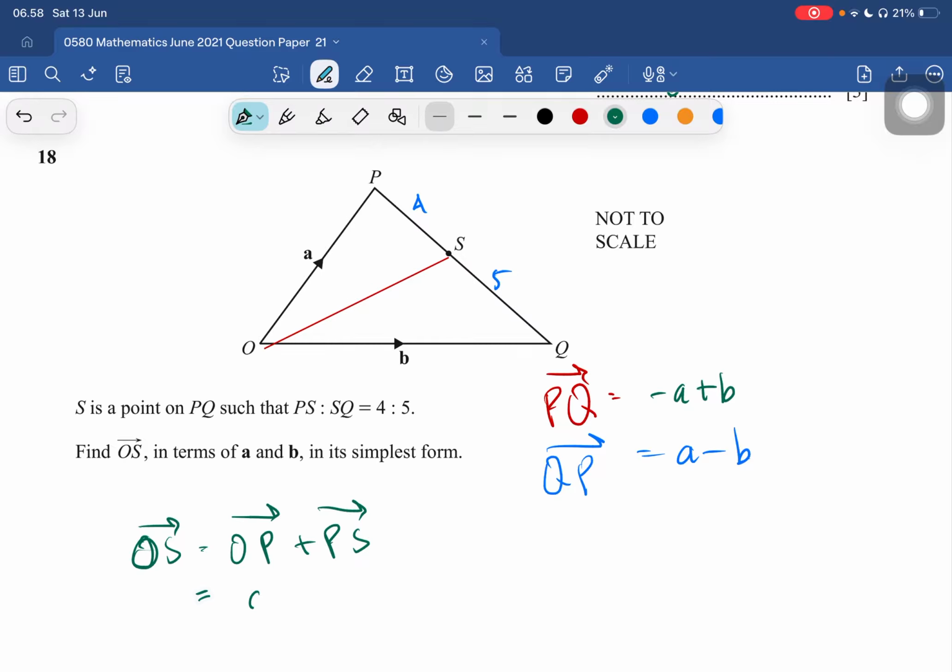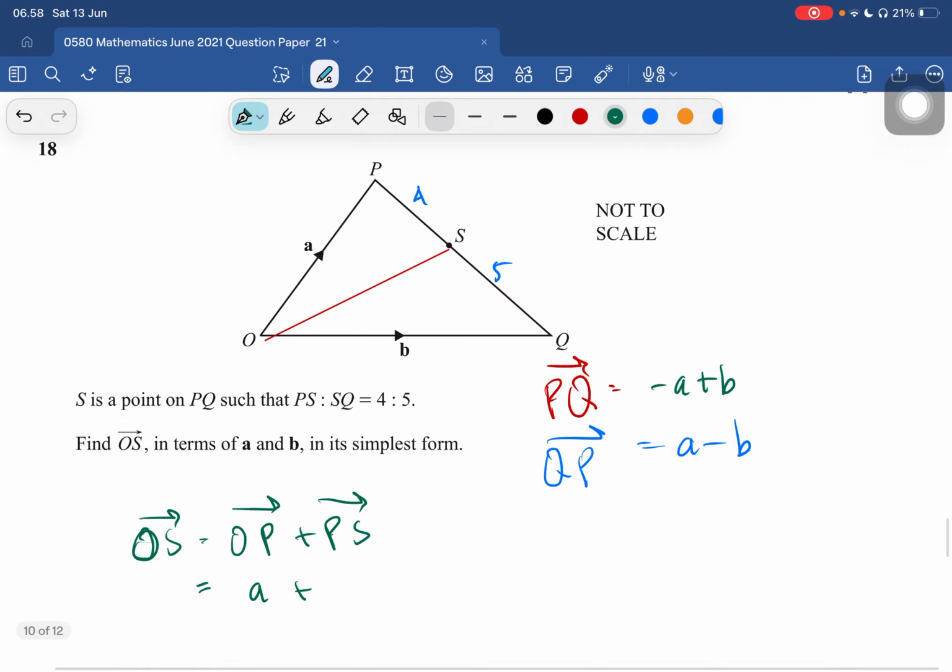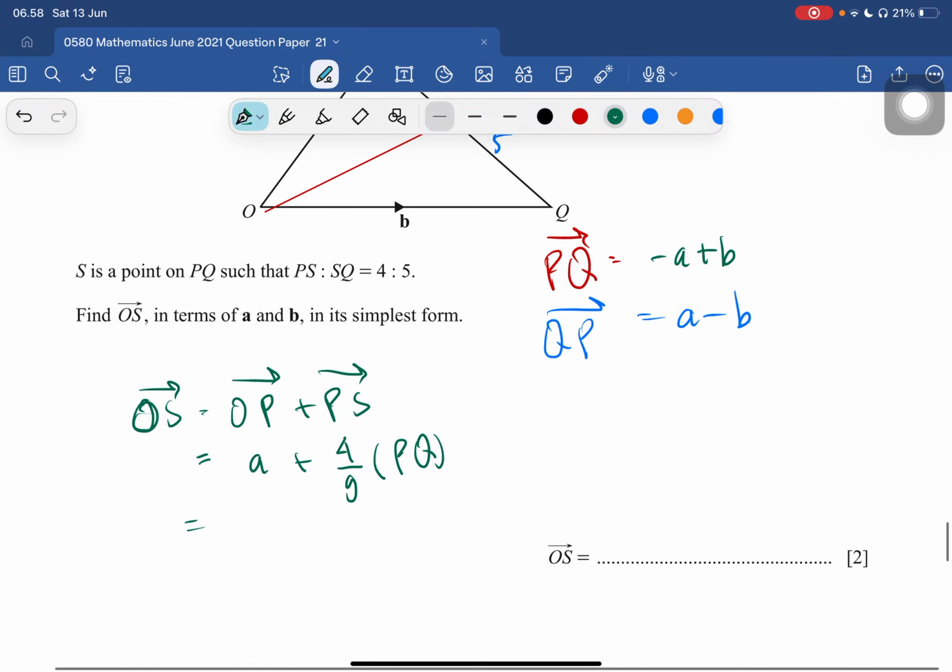Okay, OP is A plus PS. Okay, PS is 4 over 9 of PQ. So let's continue. A plus 4 over 9 of PQ, which is negative A plus B.